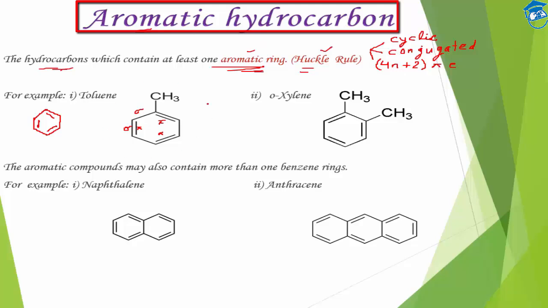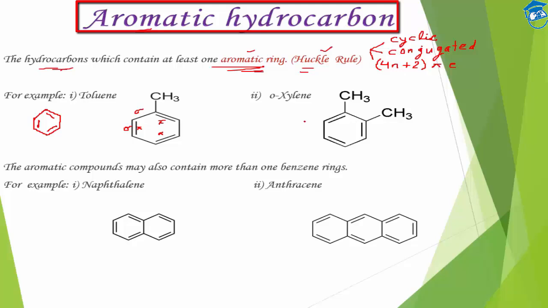So it is known as toluene. And similarly this one is xylene. One type is ortho. If the adjacent positions are occupied, that is 1, 2 position, then it is known as ortho. If 1 and 3 positions are occupied, it will be known as meta.